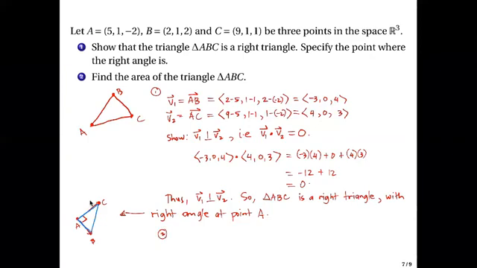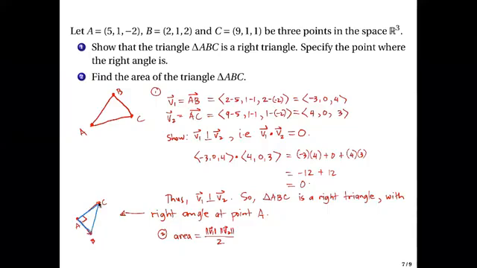So for number 2, the area is just the norm of vector v1 times the norm of vector v2 divided by 2. So this is your v1 here, this is your v2 here. Base times height divided by 2.